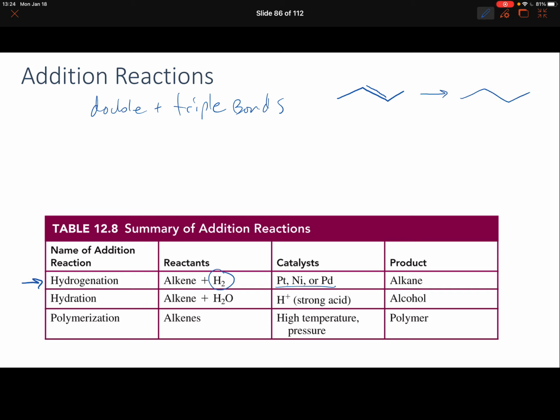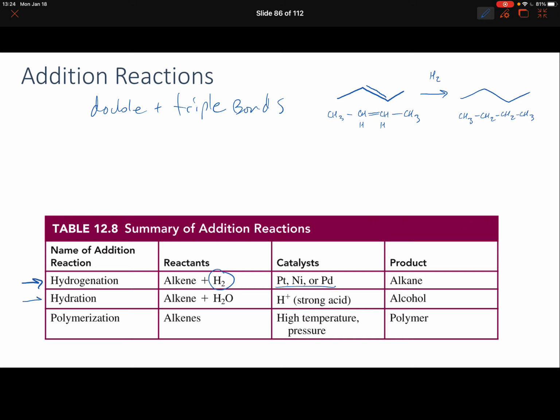If we do the condensed structure, you can see this is CH3, CH, CH, CH3. This becomes CH3, CH2, CH2, CH3. So it adds one hydrogen to each carbon of the double bond.